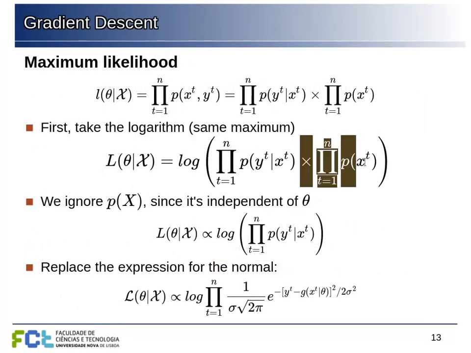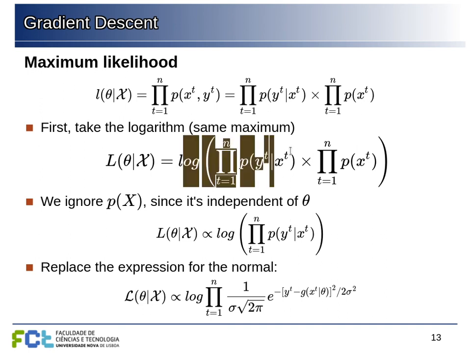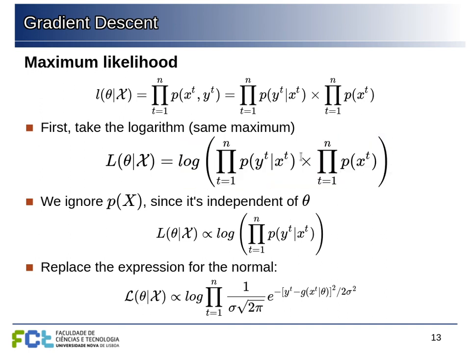So this term here, the marginal probability of x, we can ignore because it will not depend on our parameters. It will be a constant. So since we are trying to find the set of parameters that maximize this expression, we can disregard this constant because it will not change the value of the parameters that maximize the expression.